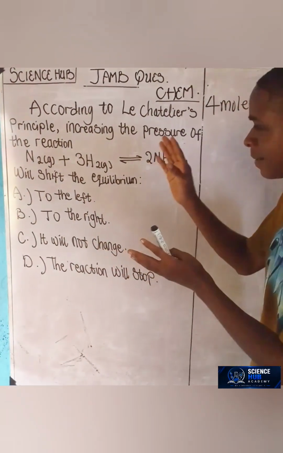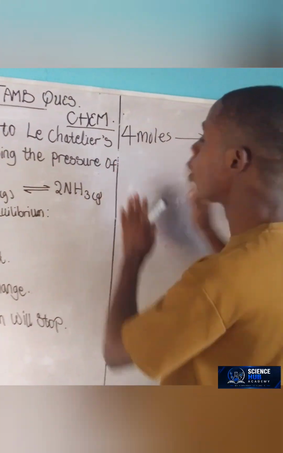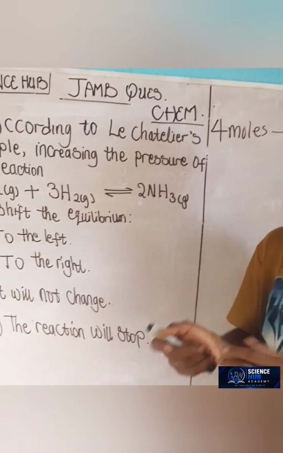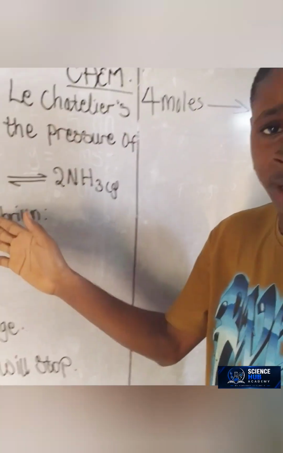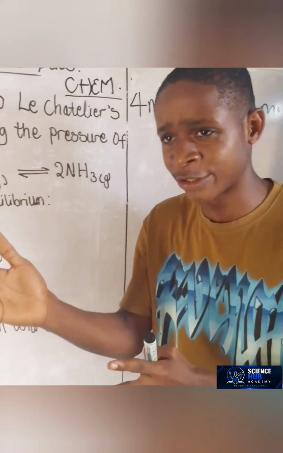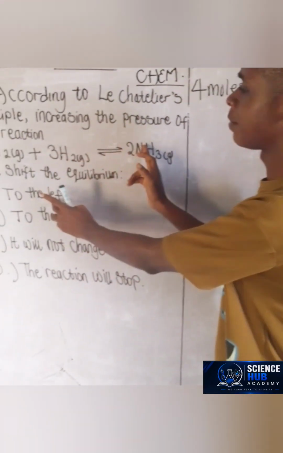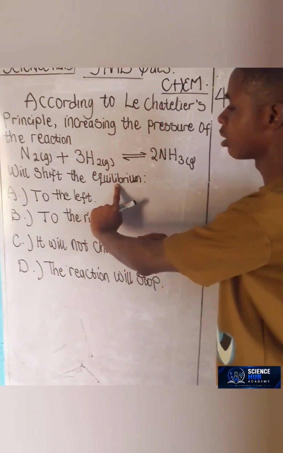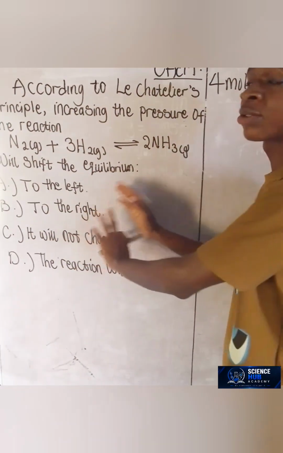But in this aspect of the question, I'm just going to narrow it to moles, pressure and mole. It is a fact that anytime pressure affects the system in equilibrium, to favor the reaction, or let's say to make the equilibrium move to the right, because when we say we'll shift the equilibrium to what? To the left means it's not favoring it, to the right means it's actually favoring it.